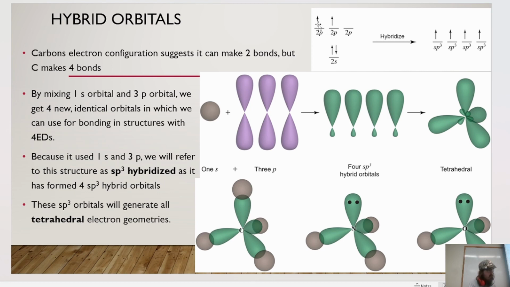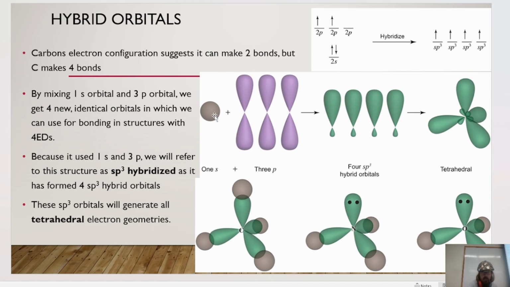So what does it do? It takes 3 orbitals from here and 1 orbital from here to make 4 new orbitals. Because they're all the same energy, they each fit 1 electron. And so now I have 4 unpaired electrons, each capable of making 1 bond, for a total of 4 bonds.